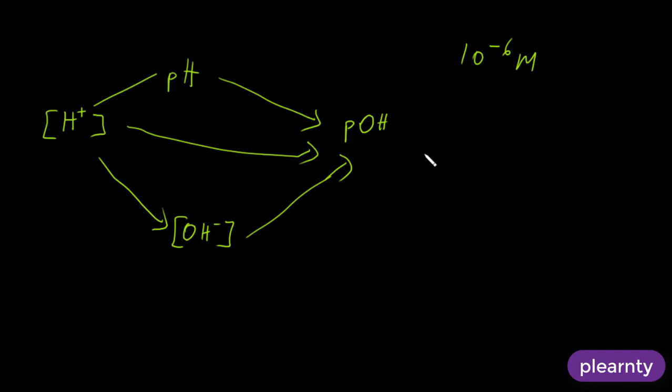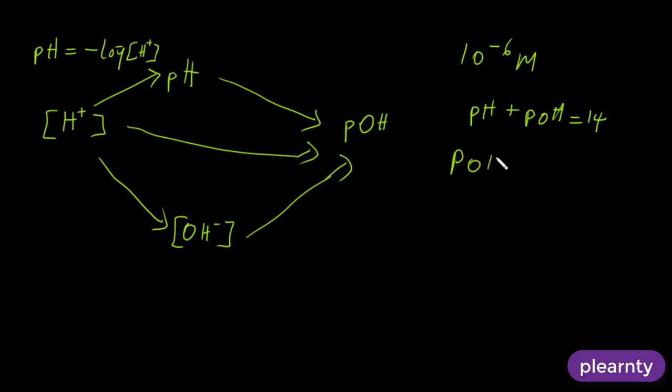You can say pH is equal to negative log of hydrogen ion concentration. Then you get your pH. And then from your pH, since you know that pH plus pOH is equal to 14, automatically we can say pOH is equal to 14 minus pH.